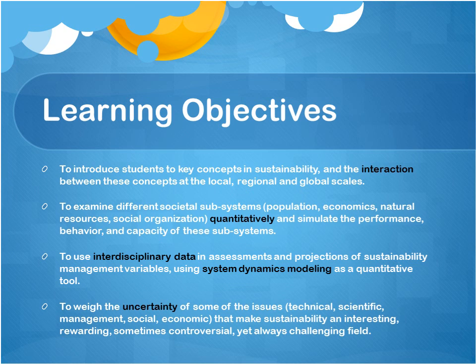It's one thing to not know something, but if you do know that it's within some uncertainty range, then you have a much better idea of how to handle it. And we're going to be looking at this with a series of examples in a series of topics. Okay, so that's the learning objectives: looking at the interaction, quantitative, interdisciplinary, system dynamics modeling, and uncertainty.